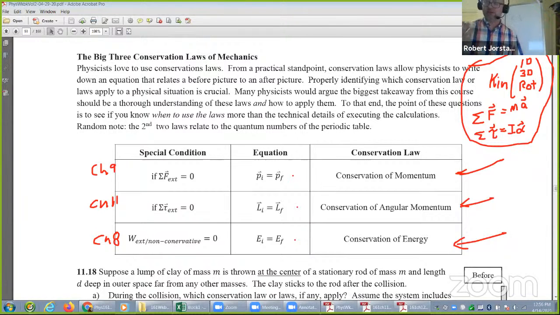Now, there's going to be some other things you learn later in physics, such as electricity. We're going to build on that by saying, okay, what terms do I need to add to the energy equation when I deal with electricity or magnets? How are those added to forces and torques for electricity and magnets? But we're going to use the same tools over and over and over again.